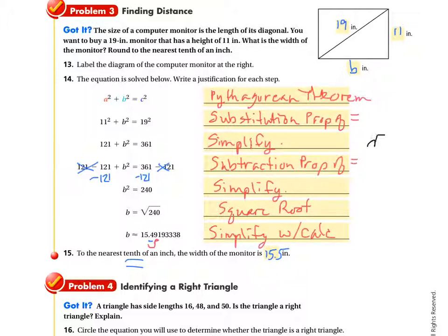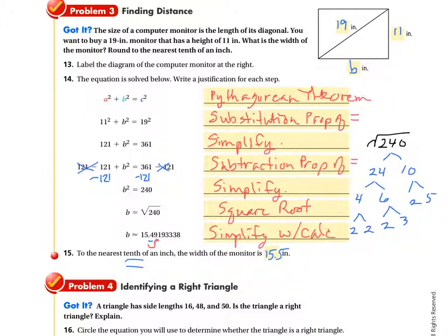So let's take the square root of 240, and we're going to prime factor it. What numbers divide into 240? 24 and 10 would be a smart one to start with. And then 24, you can do 3 and 8, 4 and 6, 2 and 12. I choose 4 and 6. And so then I get 2 and 2, 2 and 3, and then the 10 is 2 and 5.